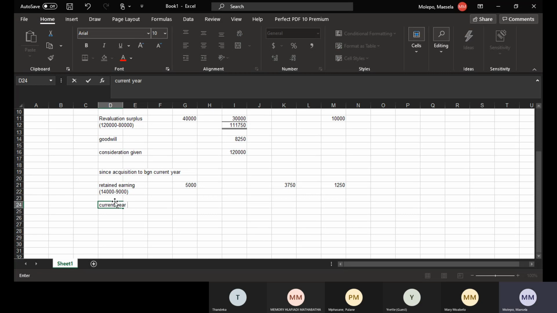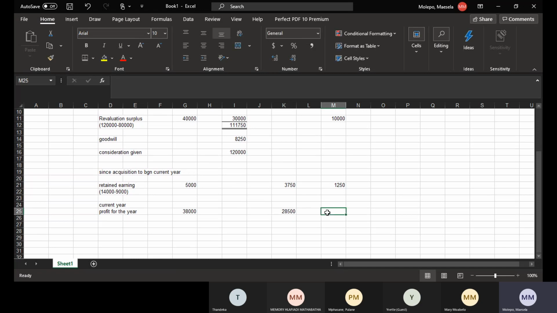On the current year, the profit calculated for the subsidiary, as seen on page 205, is 38,000. Then the amount equal to the 75% will be 28,500.